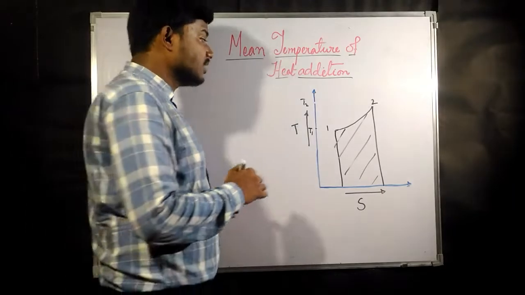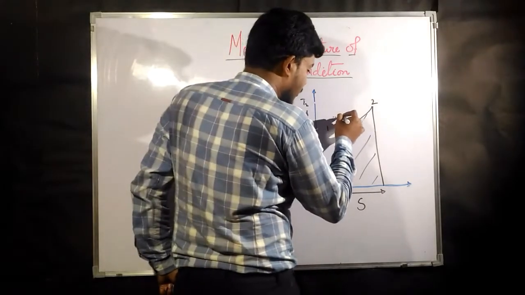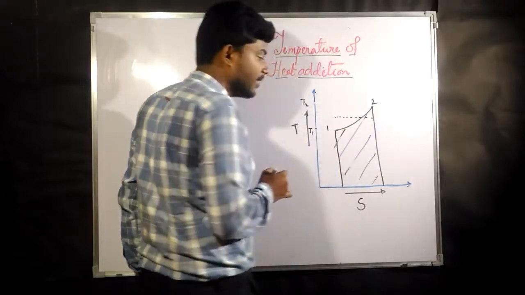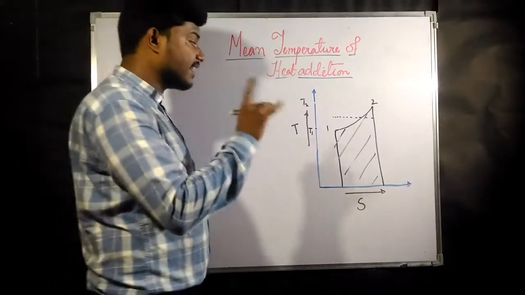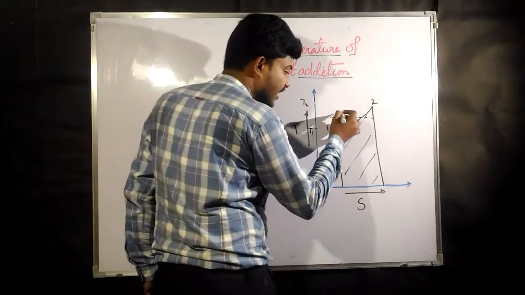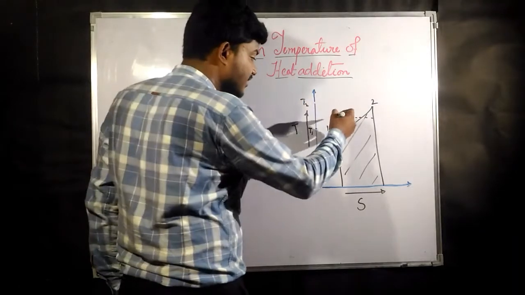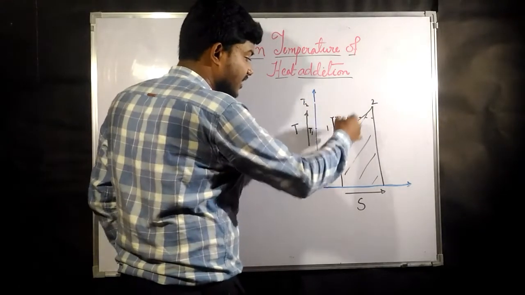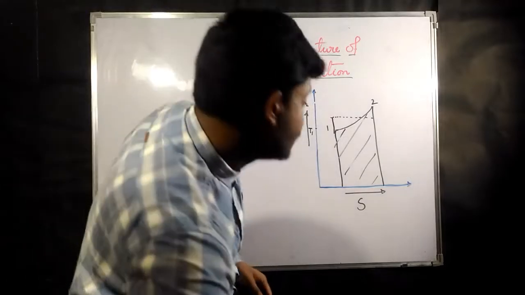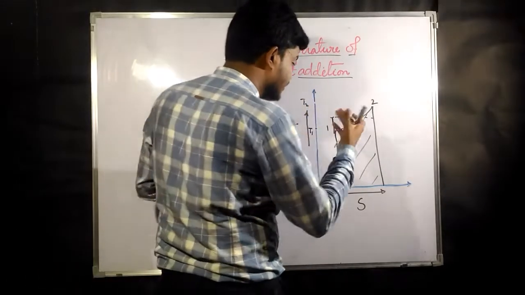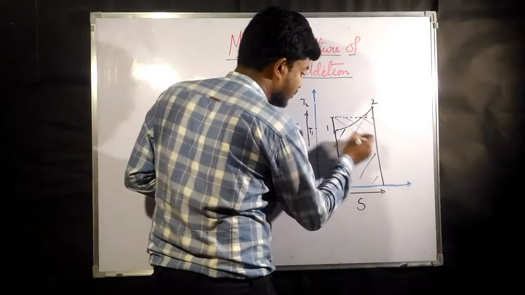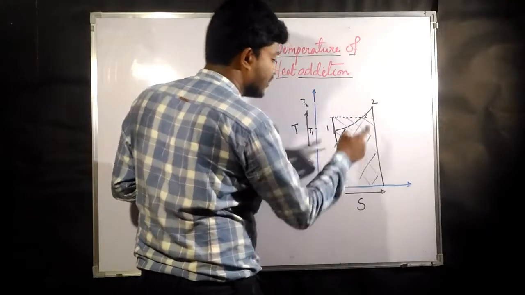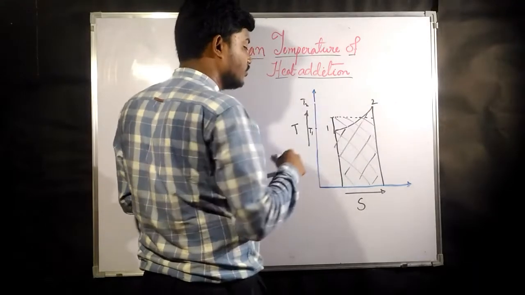Let us suppose we are marking a constant temperature line here, in such a manner that the area covered by this line is the same as the area covered by the process 1 to 2.